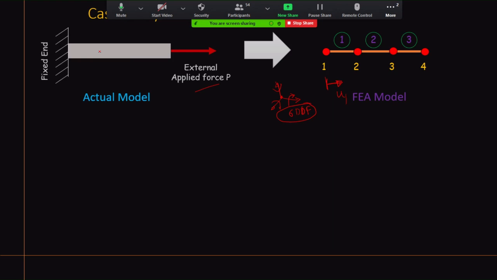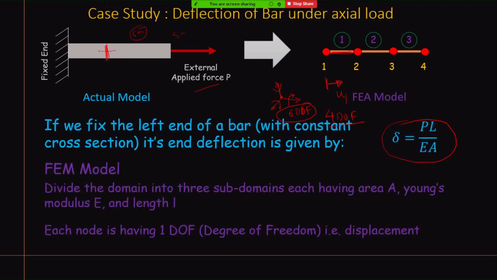So now, what is the way we determine deflection? In a simple formula, delta is equal to PL by AE for a simple bar. Then we'll take a single element and separate it out, and determine the equations for it by using the free body diagram technique.